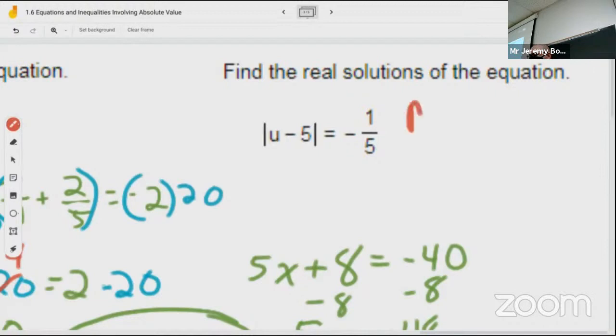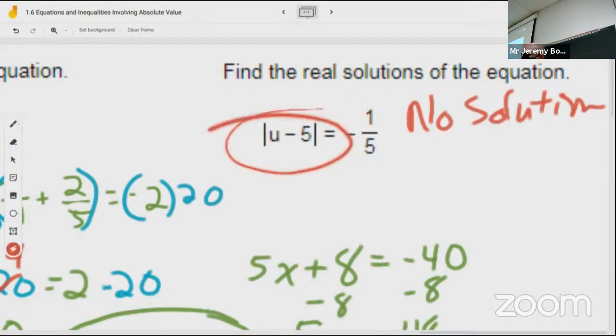Why is it no solution? Yep. If you have the absolute value isolated and it's equal to a negative, there's nothing I can do. There's no value I can put in absolute value such that it would equal a negative number. Okay, remember it's either going to be 0 or positive. And so that's going to be no solution.